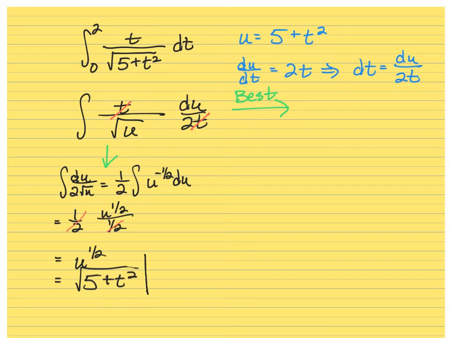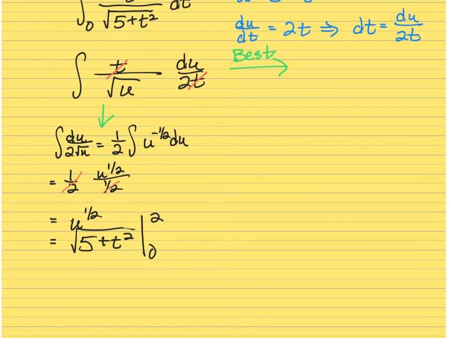Now I can throw in my limits evaluated from 0 to 2. And we know what that means. We plug in the 2 first, so we're going to get the square root of 9 minus the square root of 5, or just 3 minus square root of 5. Okay? So that's the way that fits best with what we've been doing. We change to u's, and then we integrate, return back to t's, and then we use limits.